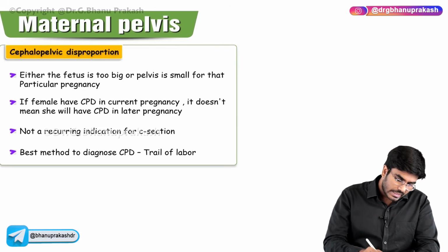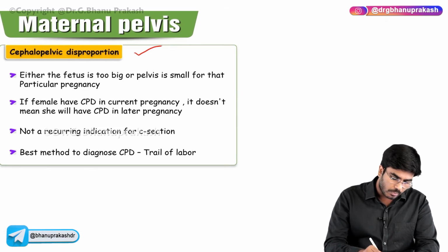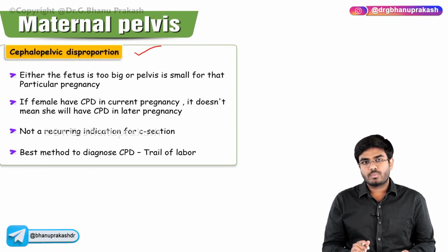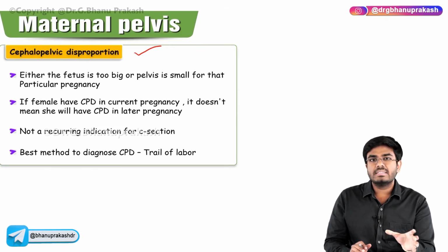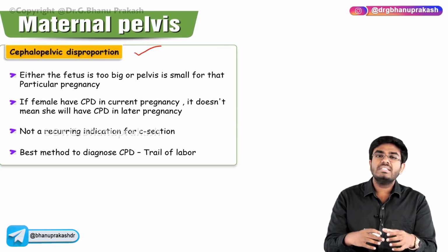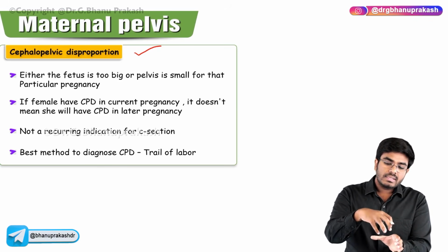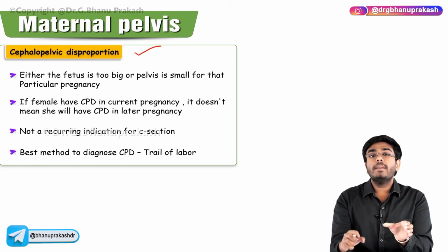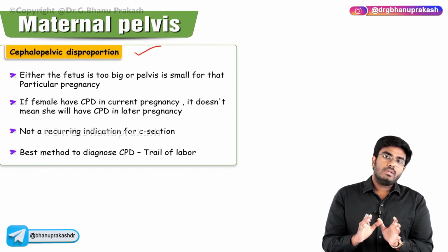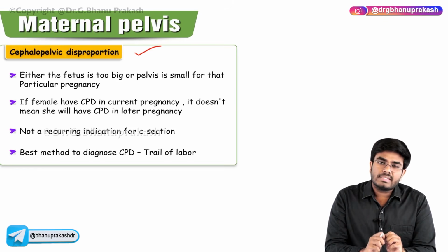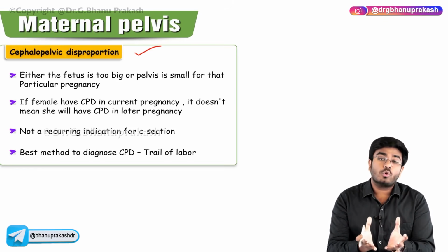Now, after this, let's talk about cephalopelvic disproportion. What exactly is cephalopelvic disproportion, sir? See, cephalo means the baby's head. Pelvic means the pelvis of the mother. There is a disproportion between the head of the baby and the pelvis. For example, in this particular pregnancy, the baby is having macrosomia.